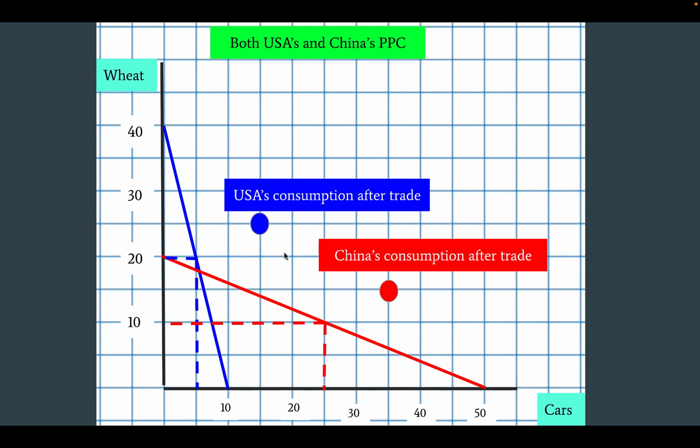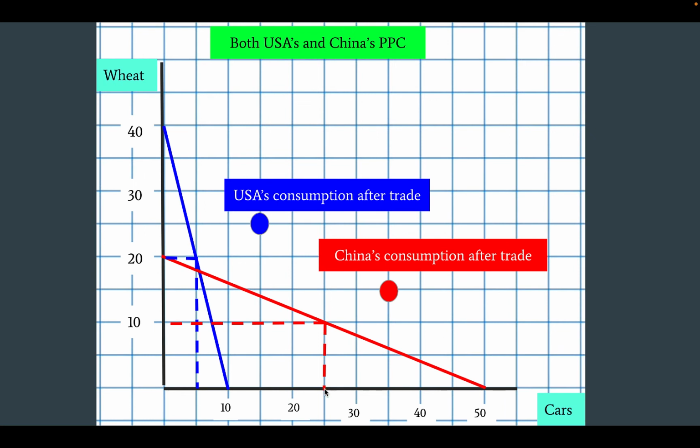Now let's analyse China. China made 50 cars and sold 15 of them to the United States for 15 bushels of wheat. Beforehand, China only had 10 bushels of wheat, now it's got 15. Again, there would be a tendency of prices of wheat to fall in China and more consumed, a higher standard of living.